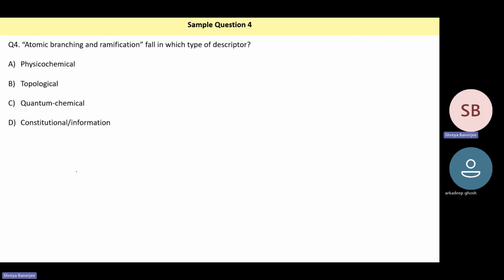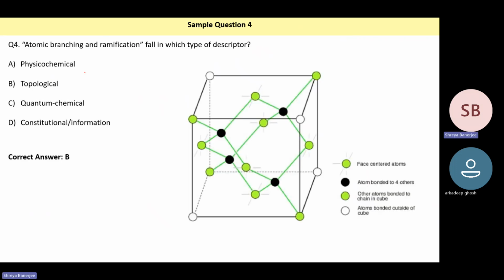The next question is asking, atomic branching and ramification fall in which type of descriptor? So the answer here is topological.